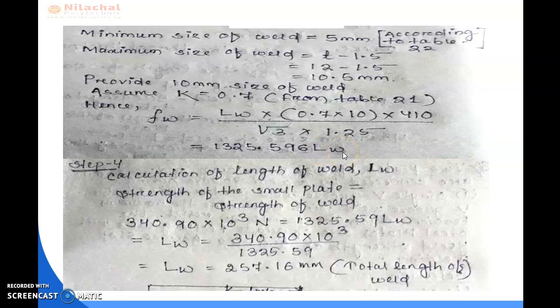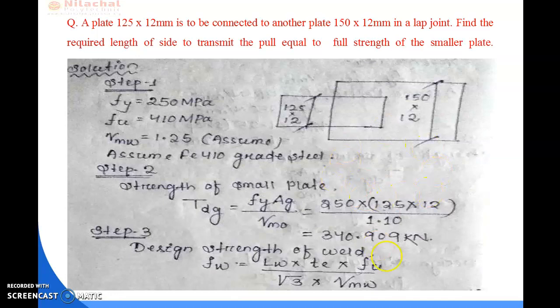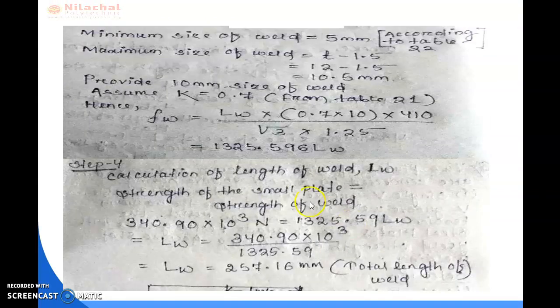Then according to the question, the strength of the smaller plate is equal to the strength of the welding. We have the strength of the smaller plate, which is 340.909, and the strength of the weld we got is 1325.596 LW. If we equate these two strengths, then we can get the value of LW.